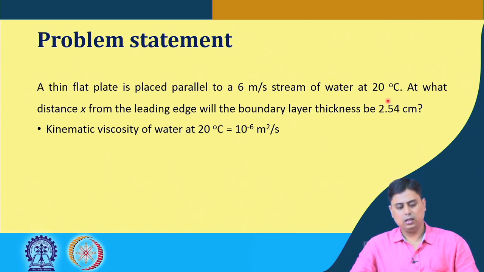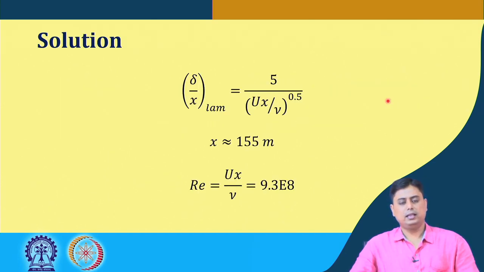For example, here we first take a laminar flow condition. For laminar flow, delta by x is equal to 5 by Reynolds number to the power half. This is the correlation.